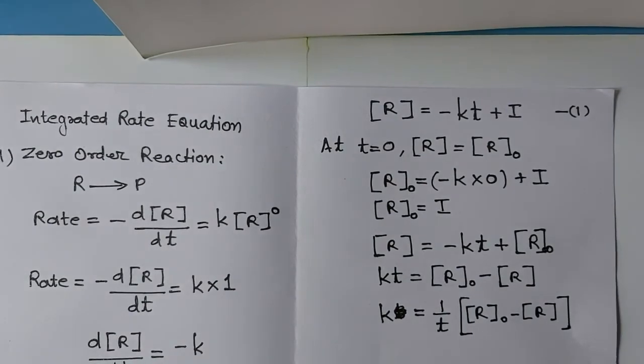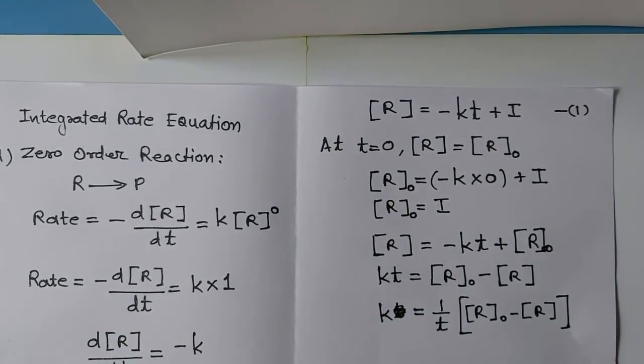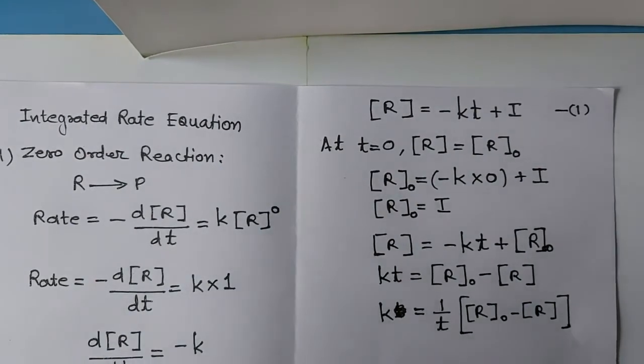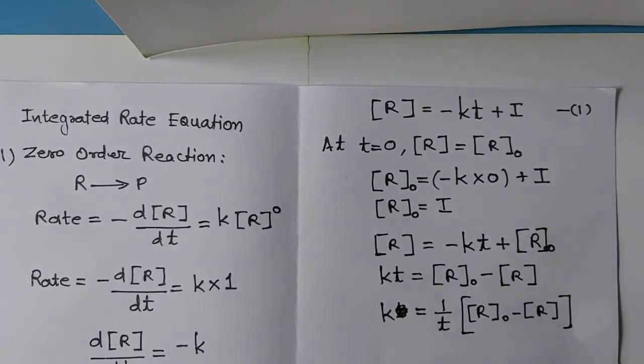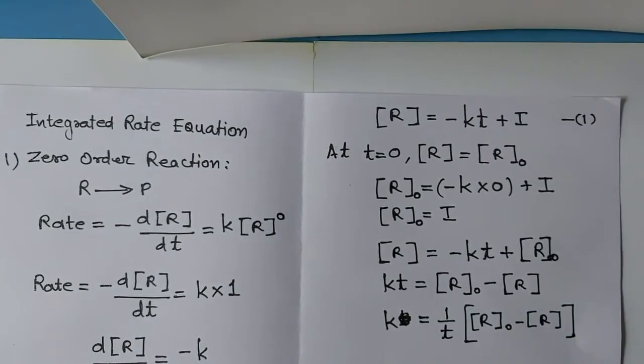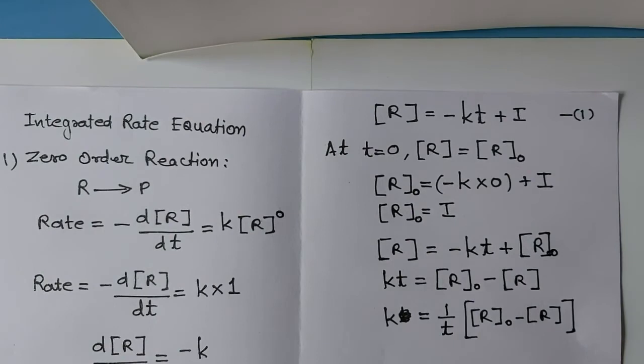This is how we get the desired result, the integrated rate equation for zero order reaction. Now this shows one thing to us, that initial concentration minus concentration at time t will be written like this.